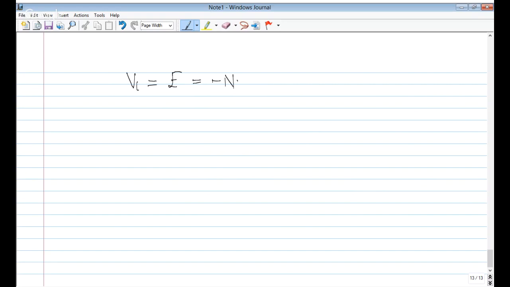This should be equal to minus N1 d phi by dt. Now we are saying 1:1 turns ratio. So let me call it minus d phi by dt. So what should be the value of V? Then what should be the value of phi?